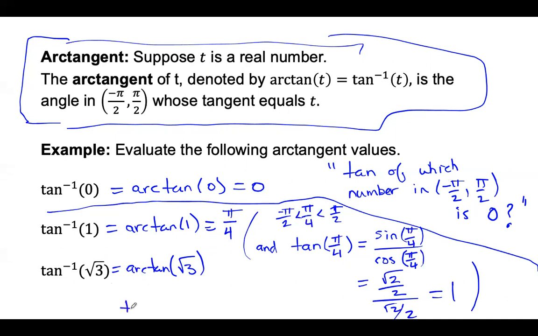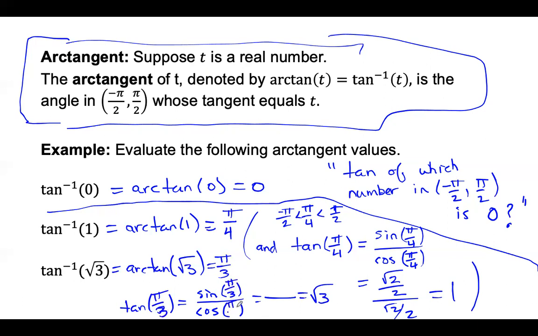Tan of a particular number is going to be sine over cos of some number, and once it cancels, it's going to be the square root of 3. I'll let you know it's pi divided by 3 is the answer.